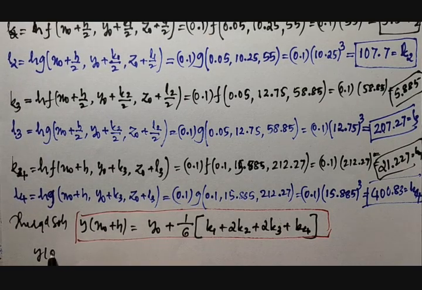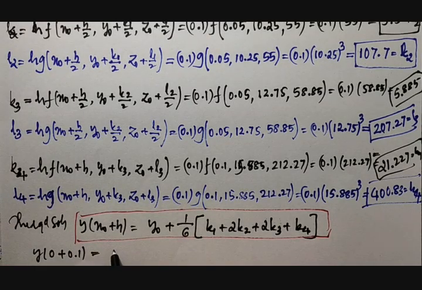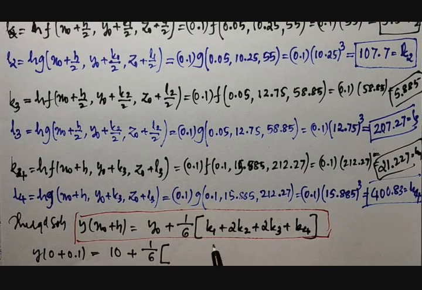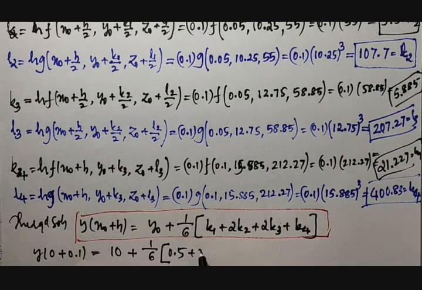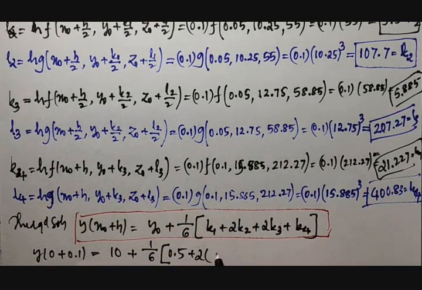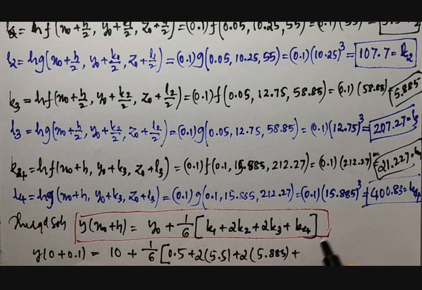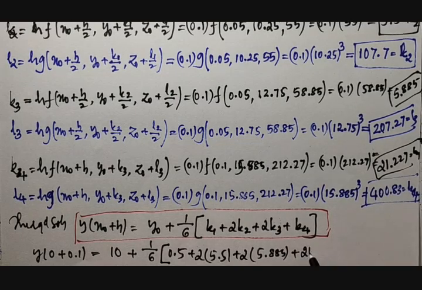Y of x naught is 0 plus 0.1, which is equal to y naught, 10 plus 1 divided by 6 into k1, k1 is 0.5 plus 2 into k2, k2 is 5.5 plus 2 into k3, that is 5.885 plus K4 is 21.227.